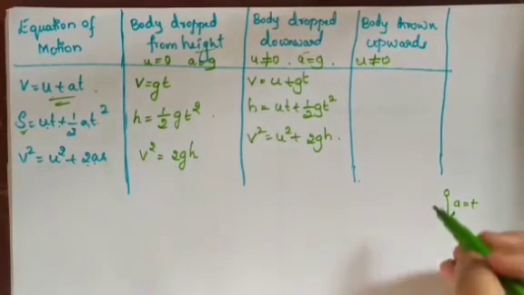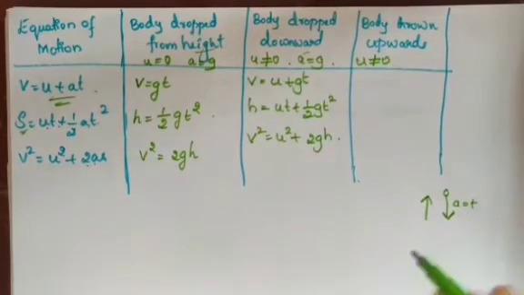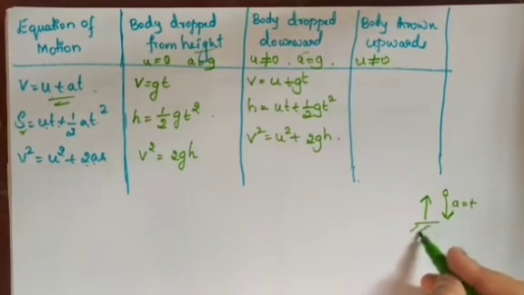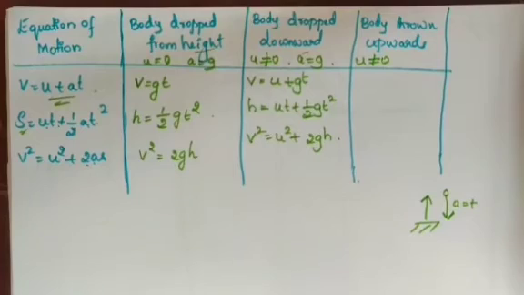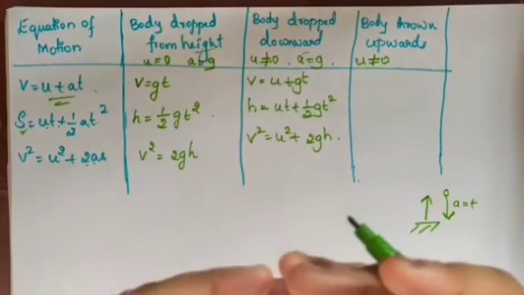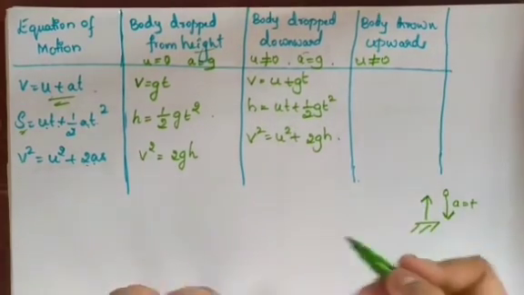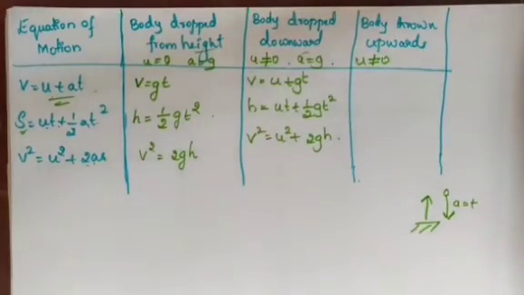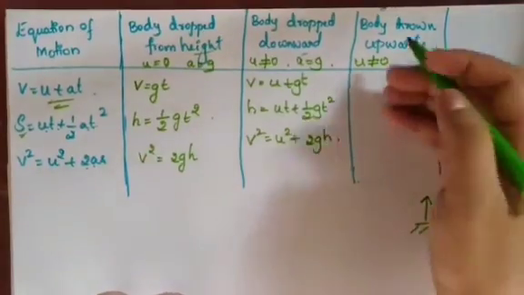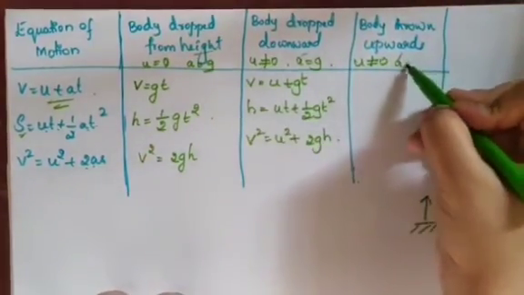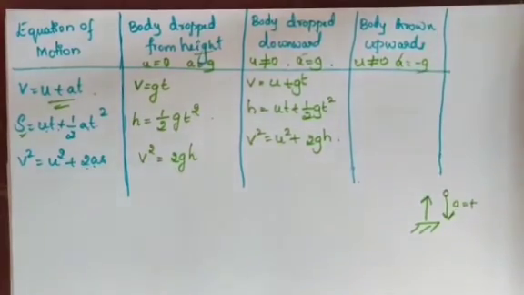Now, it is in the opposite direction to gravitation. Gravitational force is towards the downward direction, am I correct? But here we are considering a body thrown upward, so the acceleration becomes negative. I'll consider A as minus G.